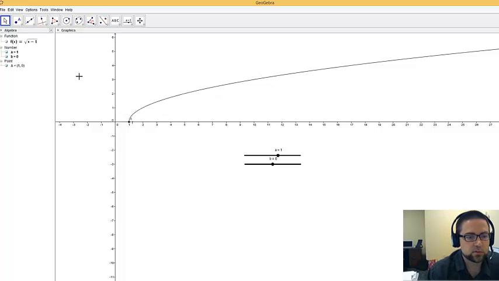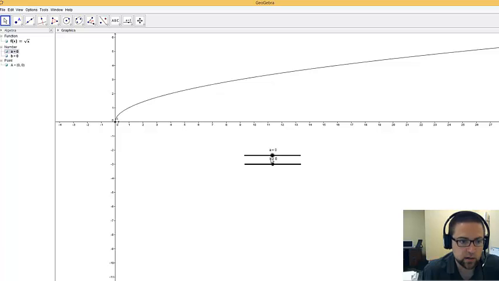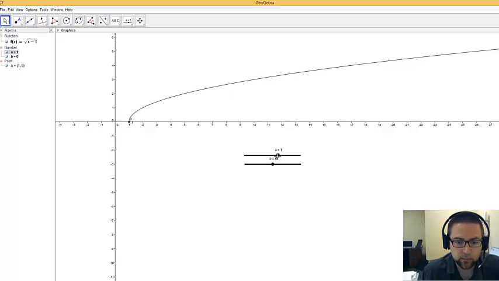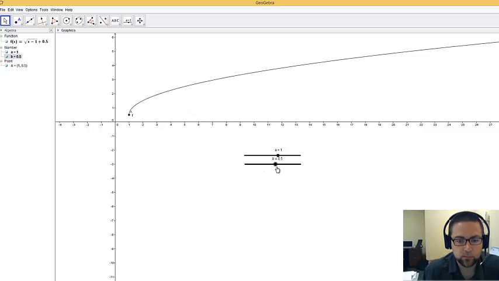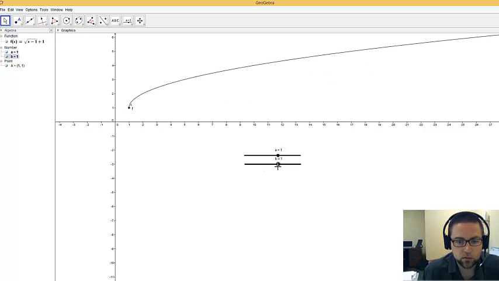Let's see what happens. Okay, so I have x minus 1. So that 0, 0, which was right there, gets shifted over by 1. And now if I were to shift that 0, 0 up by 1, you'll see right there that point A got shifted up to the point 1, 1.